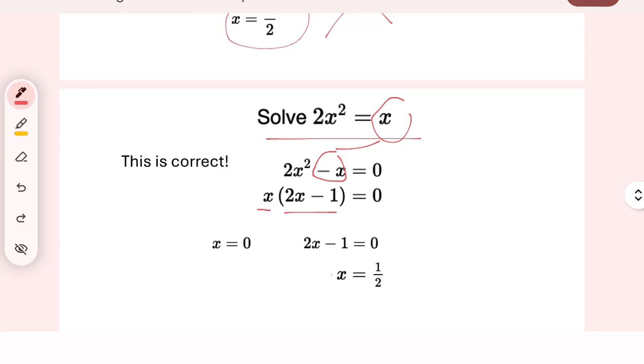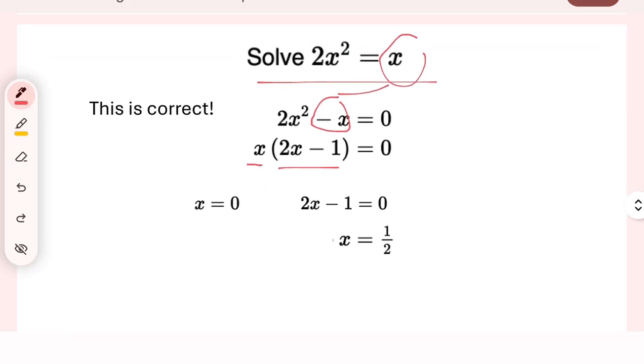So we move x first to the other side. It becomes 2x squared minus x equal to 0. After that, we look at the common factor, and that is x. We put x outside, and what is left inside is 2x minus 1 equal to 0. Once you have factors, you can equate both to 0.